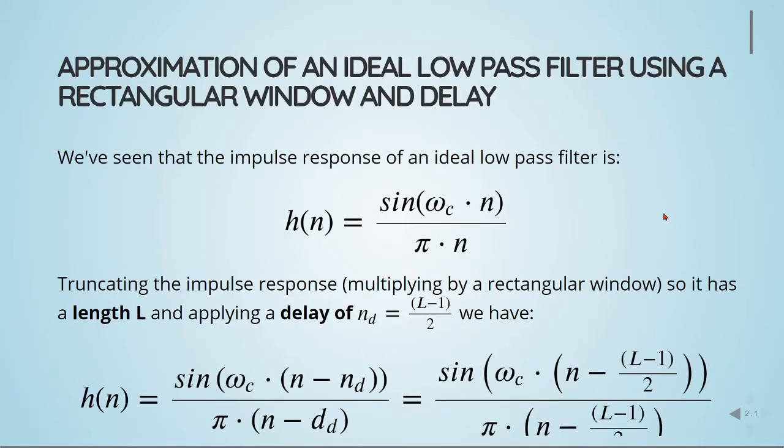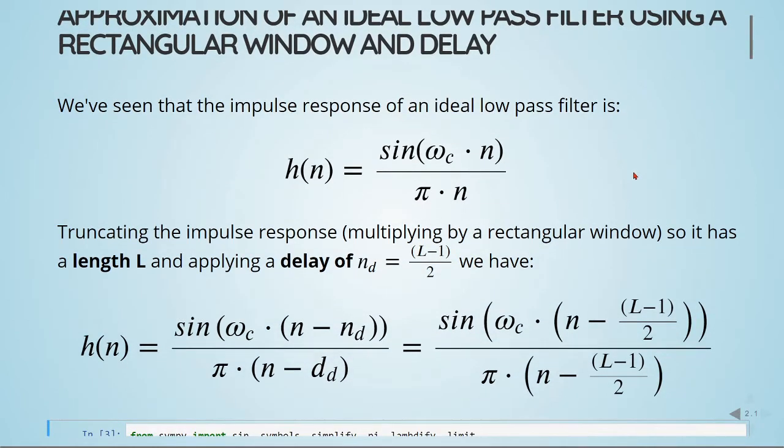So let's take a look at the approximation of an ideal low-pass filter using a rectangular window and delay. We've seen that the impulse response of an ideal low-pass filter is given by this equation here. So it's the sine of omega c times n divided by pi times n.